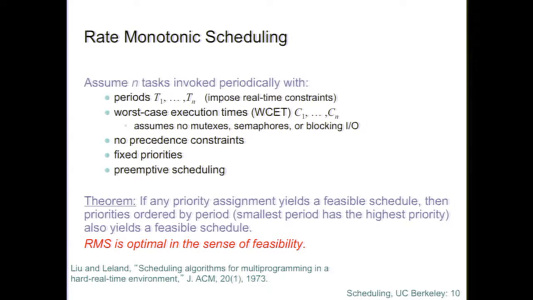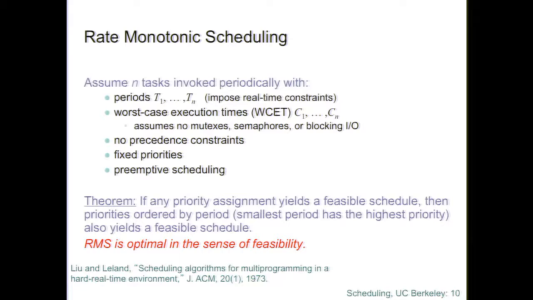Okay? So the phrase that you use for such a theorem is, this theorem asserts that rate monotonic scheduling is optimal with respect to feasibility. Okay? Optimal with respect to feasibility means that if any schedule achieves feasibility, this schedule will achieve feasibility. Okay?